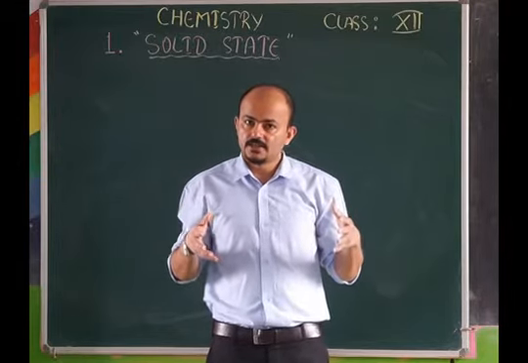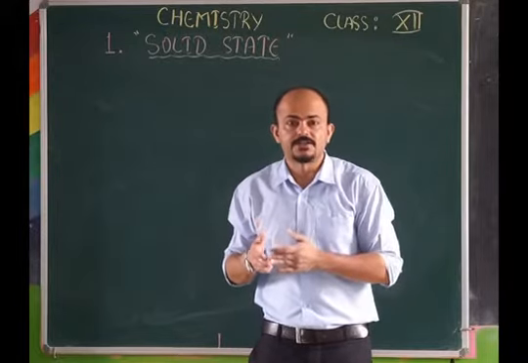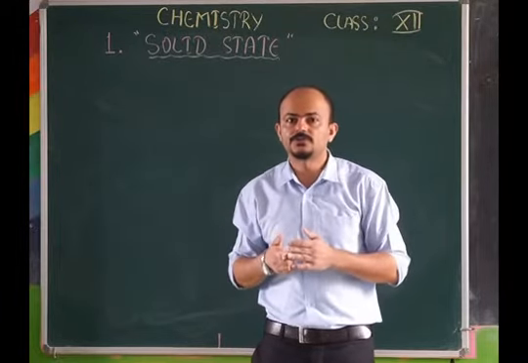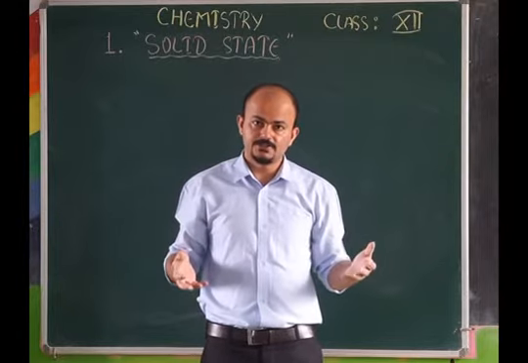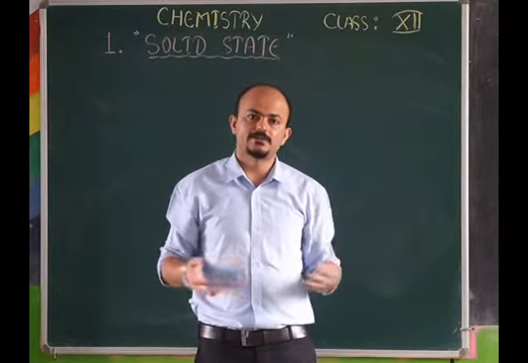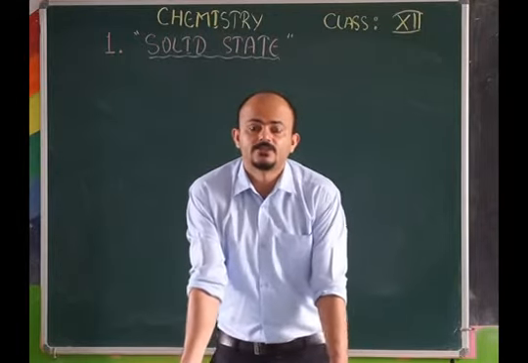Since these constituent particles, atoms, ions or molecules, are so closely packed, they are unable to move. Because of this, solids have rigidity, a definite shape and volume. That is the idea that you already have.